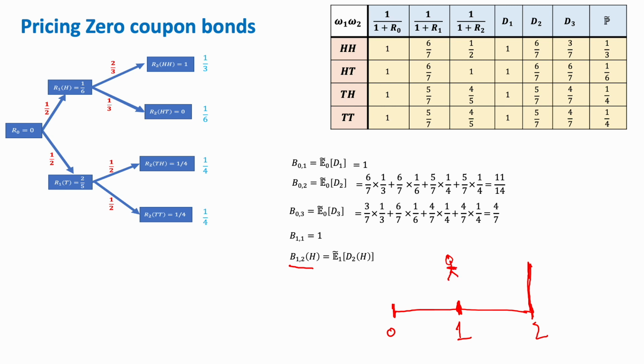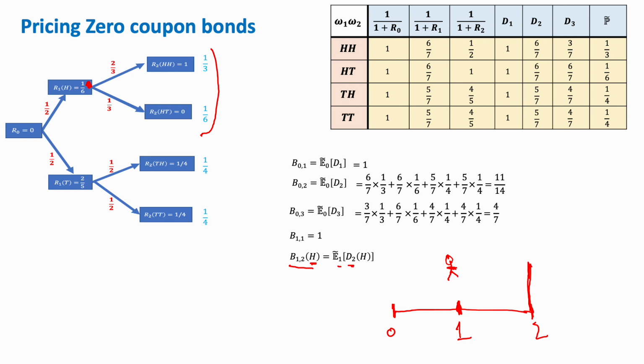And we know that the first coin toss was a H, right? So we're standing here, and we want to find the value of a bond that matured at time 2. So this is just the expected value of D2, as of time 1.